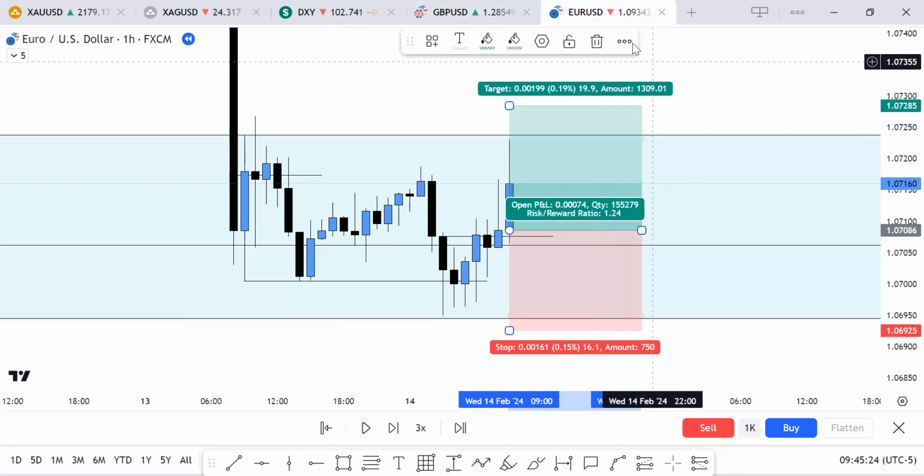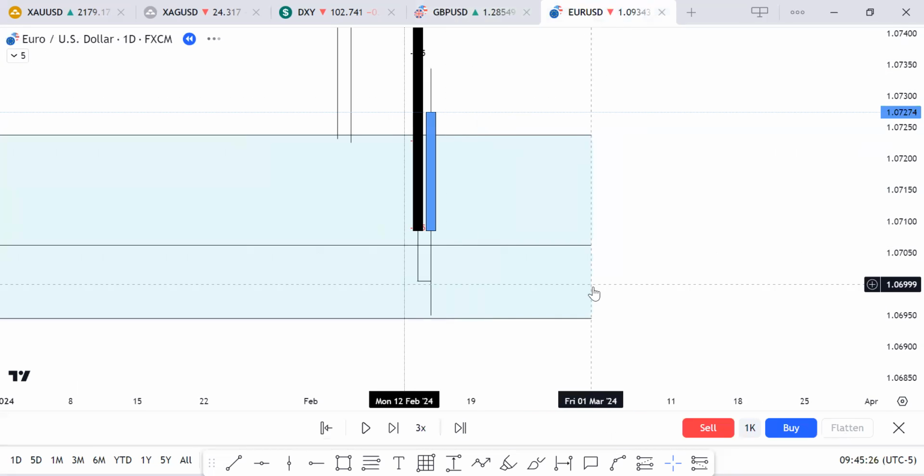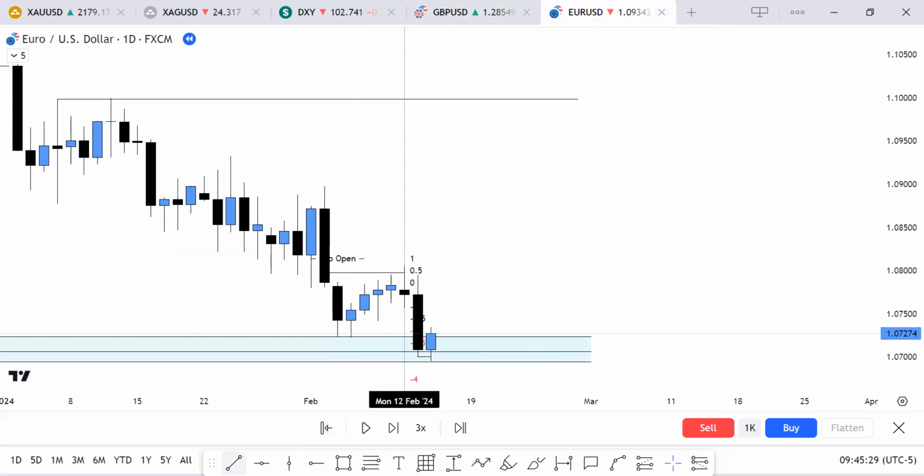In Euro USD, what do we have here? In Euro USD, we have a low, then a lower low. It's our SMT confirmed. We will just wait for strong confirmation. If you are a monthly trader, a long-term trader, a position trader, then you should wait for the price to close above it.